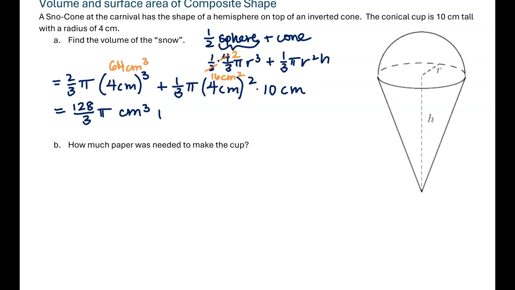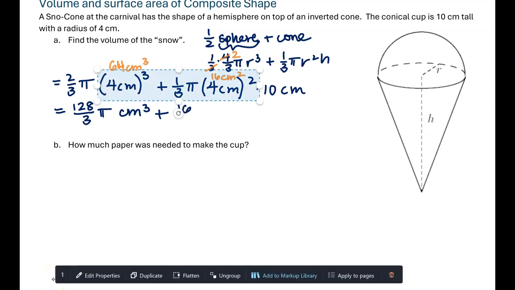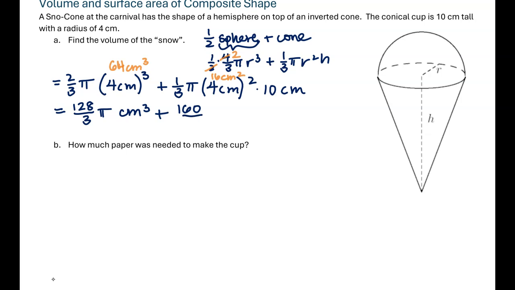And then I have plus 1/3 times 16 times 10. So 16 times 10 is 160. Oops. 160 over 3 pi. And notice I just keep that pi hanging around, almost like it's units. It's not part of the units, but if I try and multiply in a 3.14, I'm rounding and I'm losing information.